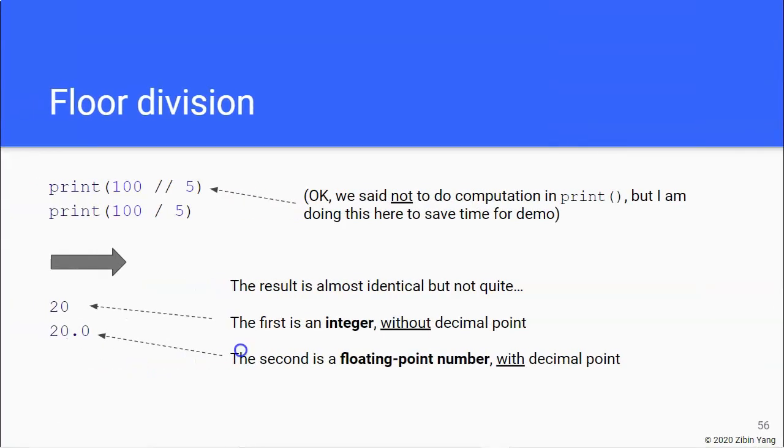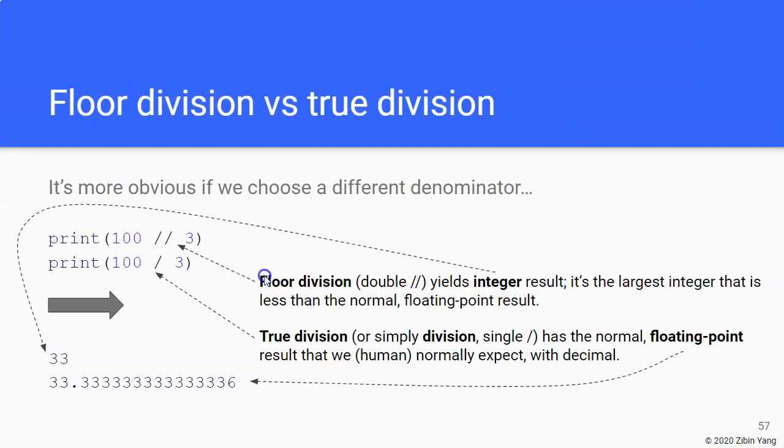So what it is, well, the first one, 2 double slashes, we've already seen, and it gives an integer result. Now, more formally, the result that it gives us is the largest integer that is less than the normal floating point result.